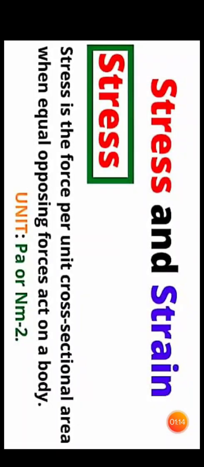Now, the definition of stress. Stress is the force per unit cross-sectional area when an equal opposing force acts on a body. The figure shows the applied force on the cylinder, so it will be compressed, and when we release this force, it regains its original shape.